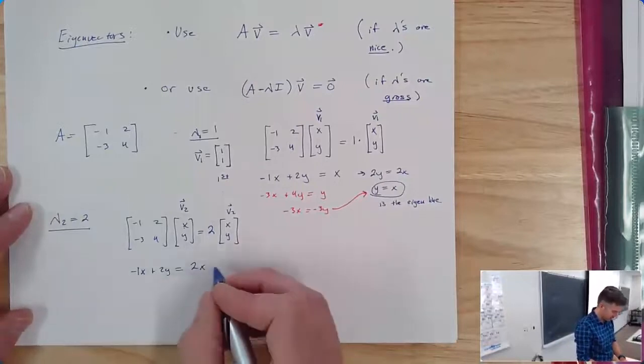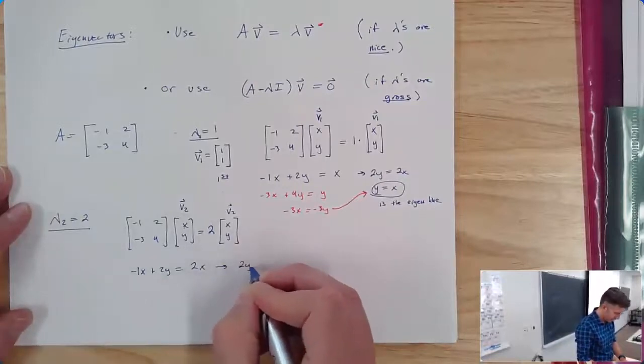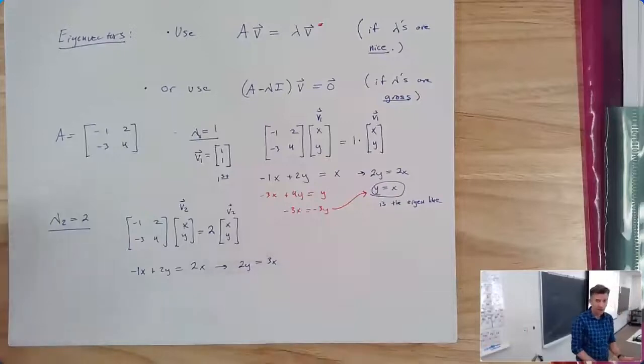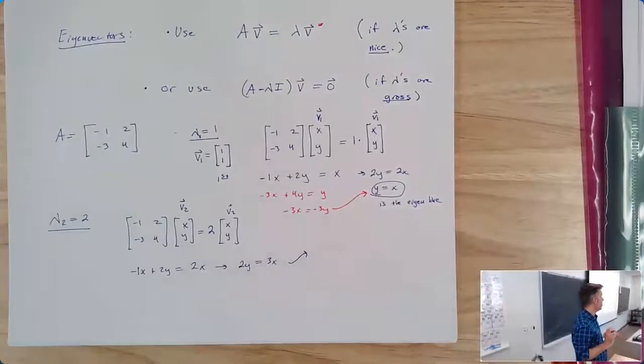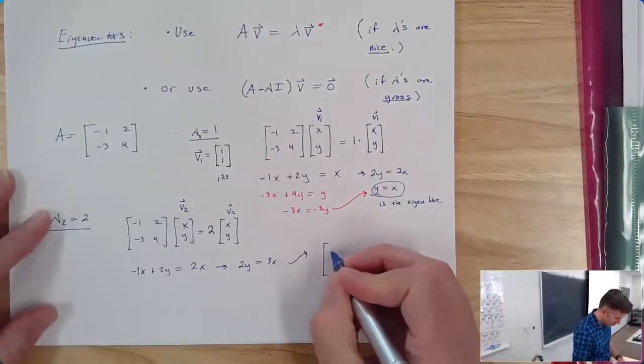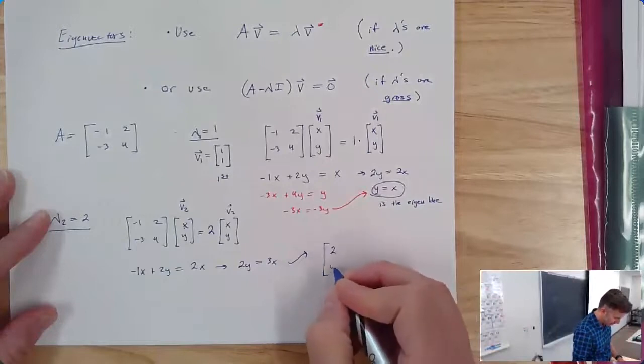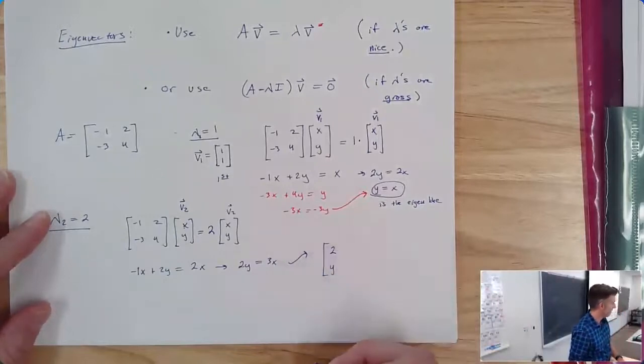So adding x over to the other side, I get 2y equal to 3x. Usually this is where I like to stop. So at this point, I would say x and y are each equal to each other's coefficients, because that's the easiest way to find the smallest integers. So I would say, oh, x is going to equal 2, y is going to equal 3. Except you should write 3 instead of y.